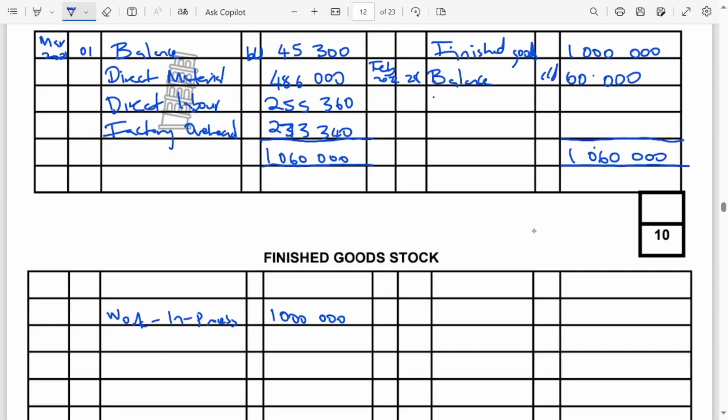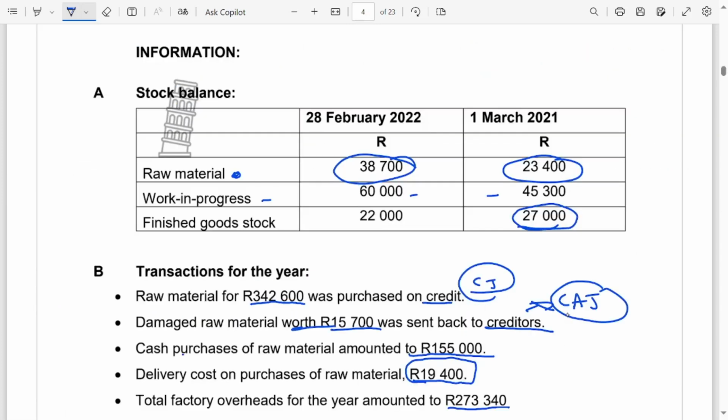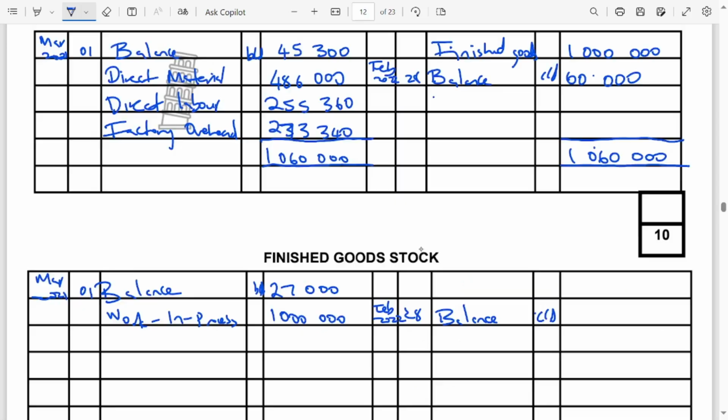The debit balance here is 27,000, which is the opening balance brought down. This is on March 2021. And then we're also given the closing balance, a balance carried down on 28 February 2022. It's how much? Just 22,000.